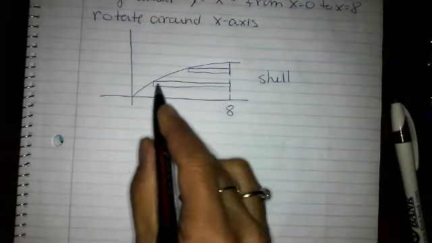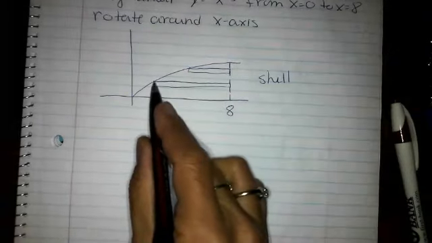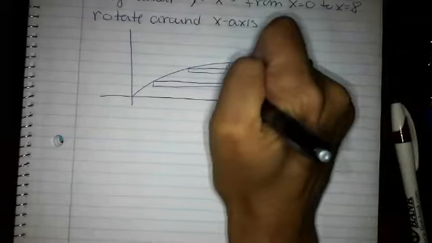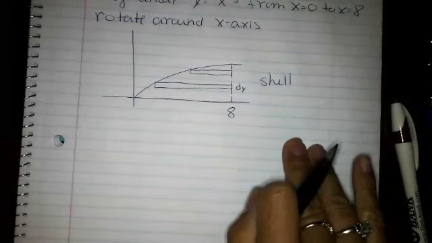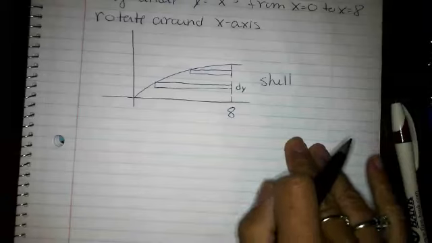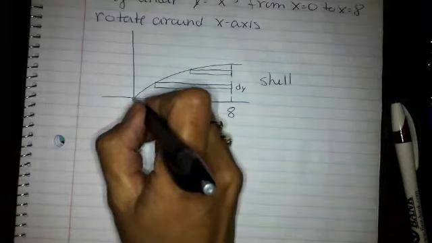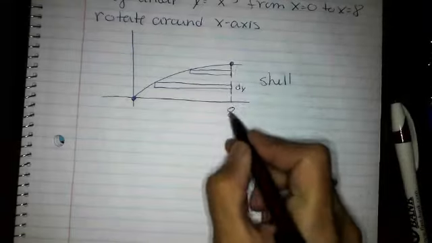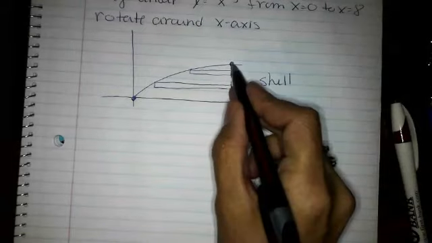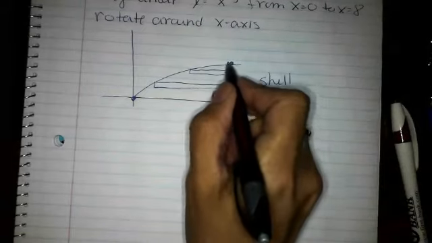And because I've got these sideways like this is a dy. So that tells me I want to see y's in my equation and I want y boundaries. So my lowest y value is the origin. My highest y value is right here. And what I know about it is that the x is 8. So I just need the corresponding y value.